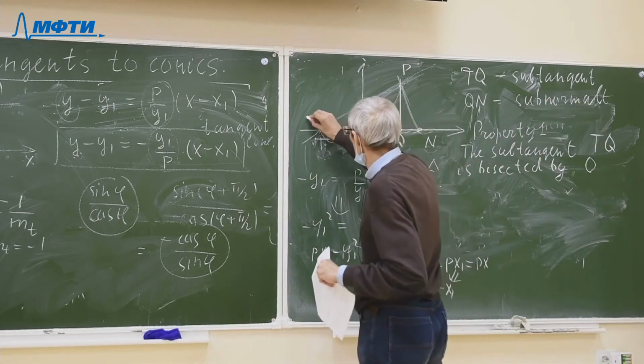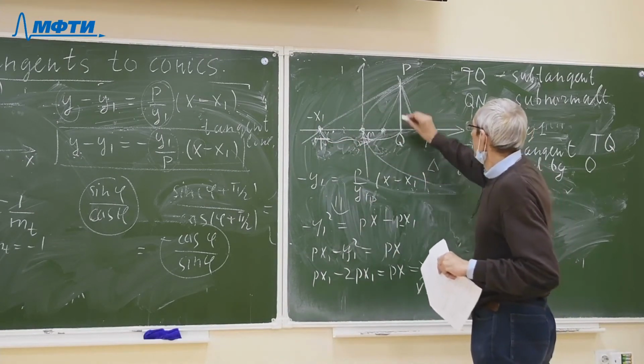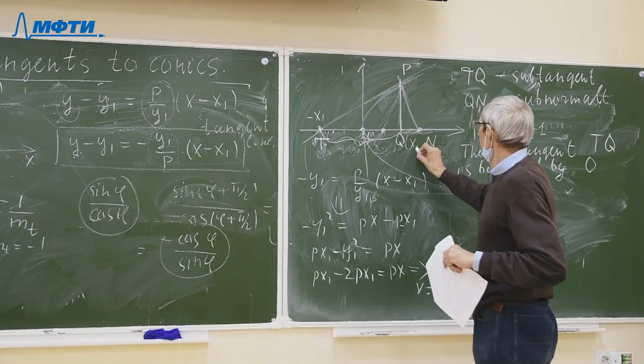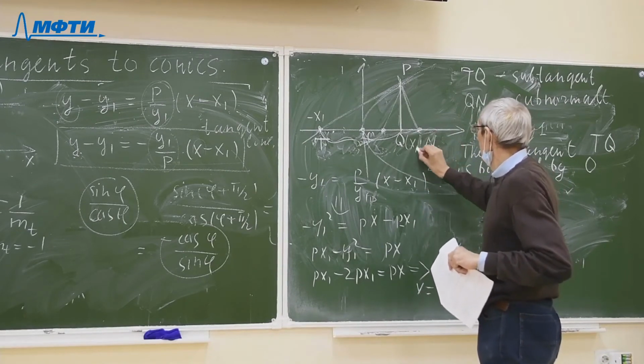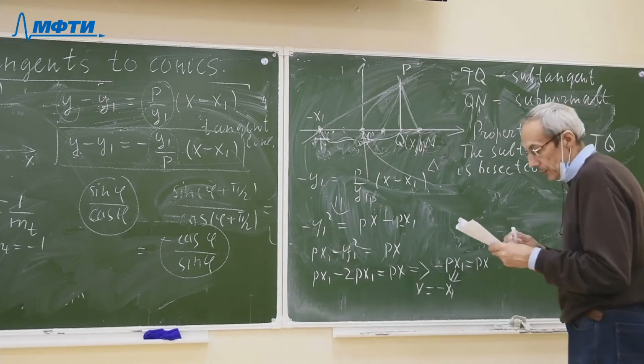The coordinate of T is equal to minus x1, and the coordinate of Q is equal to x1, and we obtain the first property.